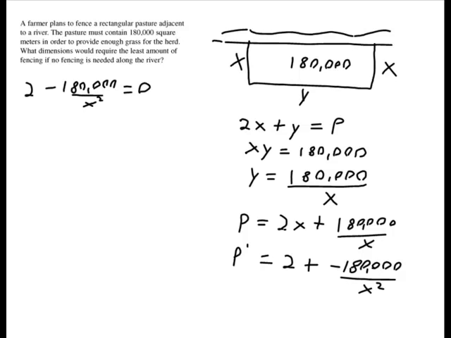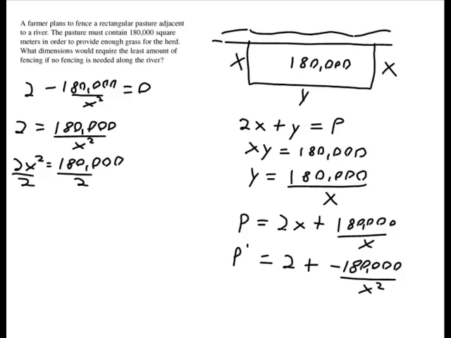So to solve for x, first I'll go ahead and add the 180,000 over x squared. Get 2 is equal to 180,000 over x squared. If I multiply by x squared, I get 2x squared is equal to 180,000. Then divide by 2. x squared is equal to 90,000.